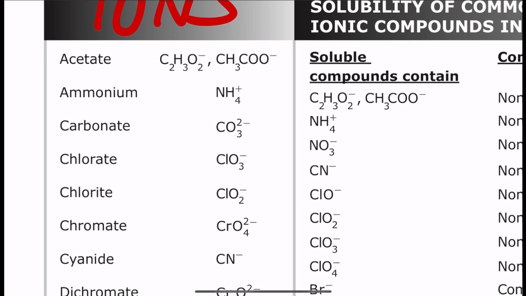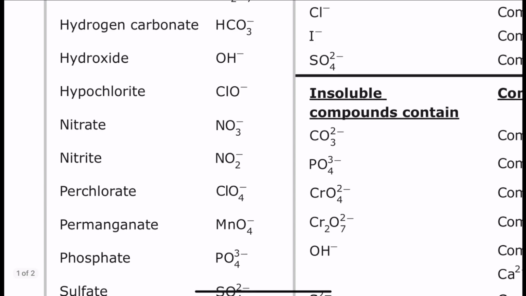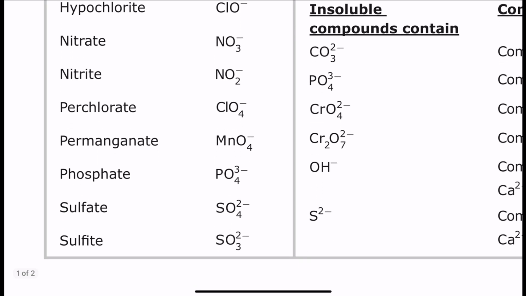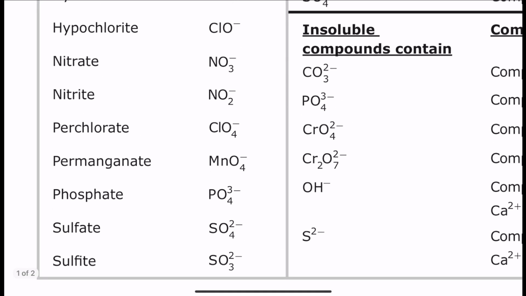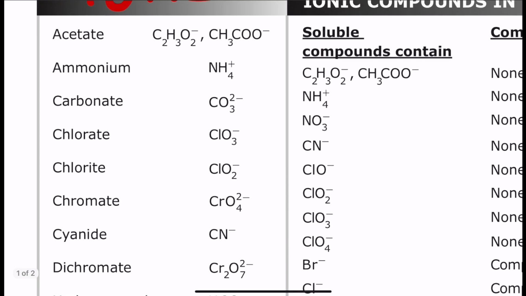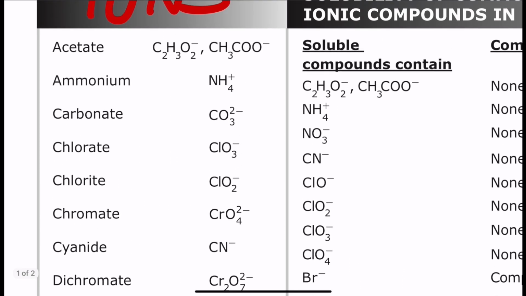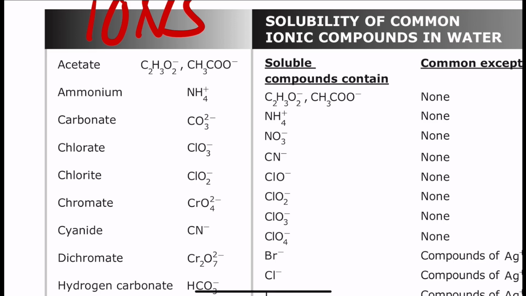The names are on the left side, and then we have formulas on the right side with possible charges in the top right. We probably will not refer to any polyatomic ions that are not on this list, but there are more polyatomic ions that do exist out in the world. Don't worry about the rest of this page for now. Just worry about the leftmost column with the names, formulas, and charges.